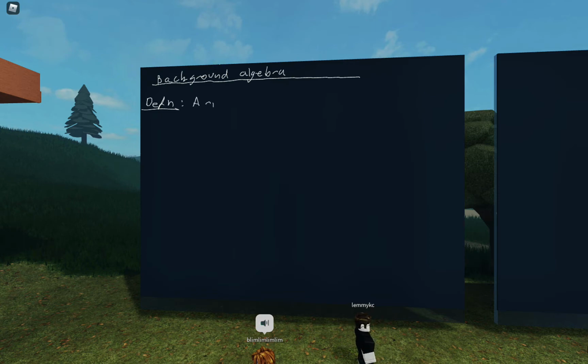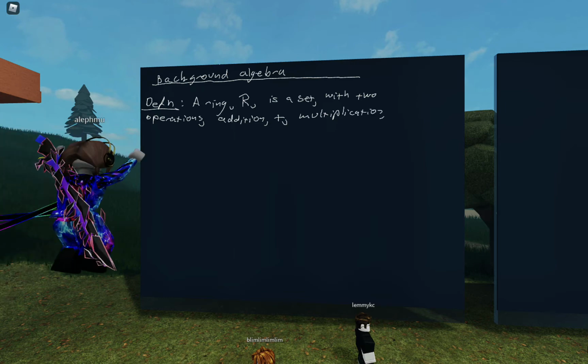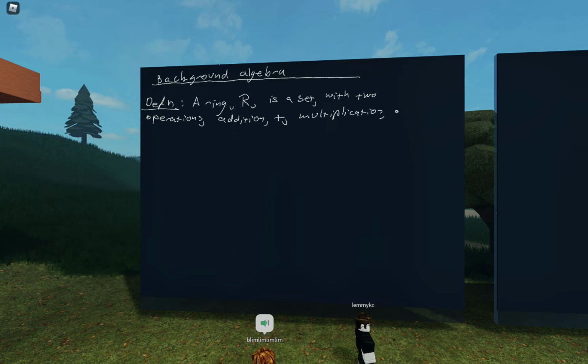A ring, which I'll usually denote by R, is a set, and it's equipped with two operations, which are called addition, usually denoted by a plus, and multiplication, usually denoted by a dot, but most of the time we just omit that.